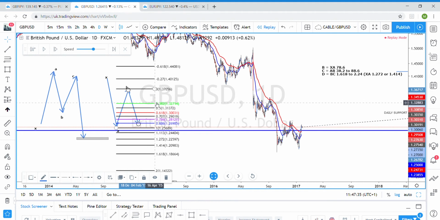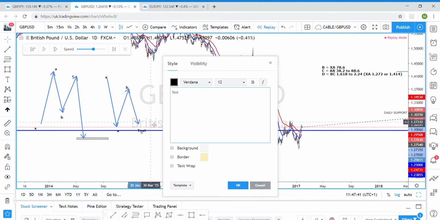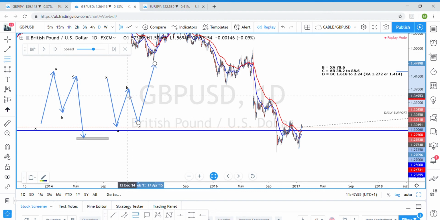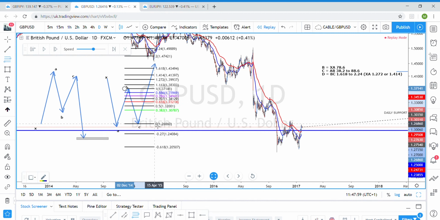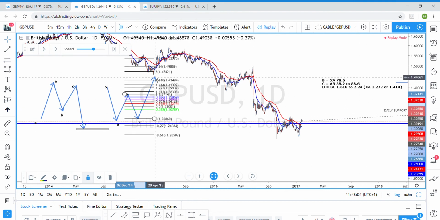That is your C leg, that's your C point. And then for your D leg, you see a move beyond the X, okay? And this can be, let's see what happens if we do it to 161.8.